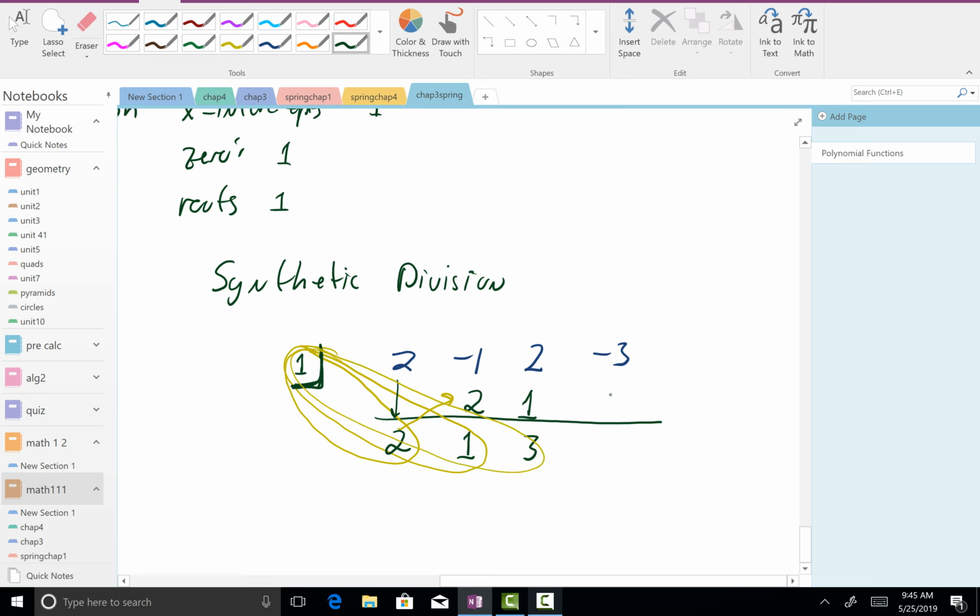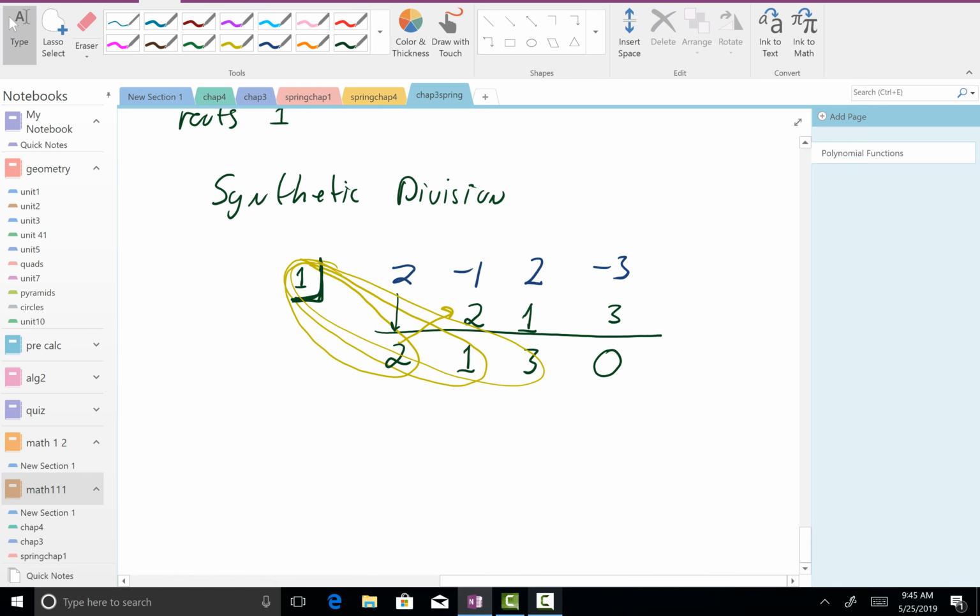Okay, so big deal. What does that do? What that does is it puts it down into what we call a reduced form. So now this is 2x squared plus 1x plus 3. 2, 1, 3.